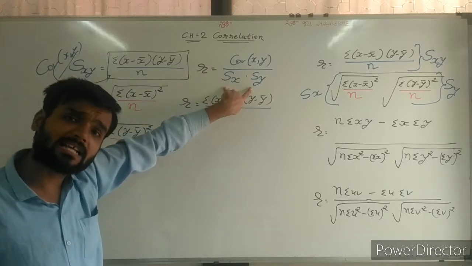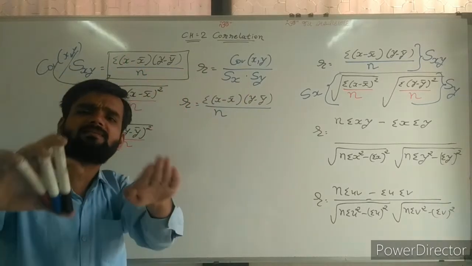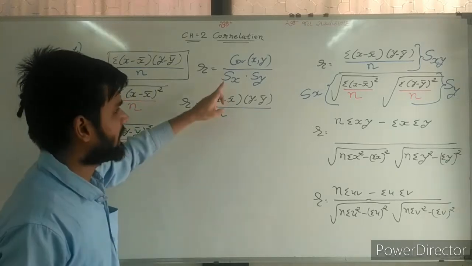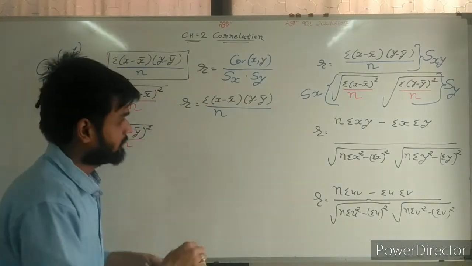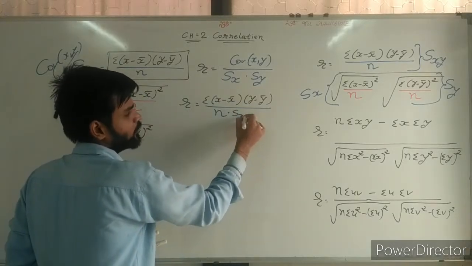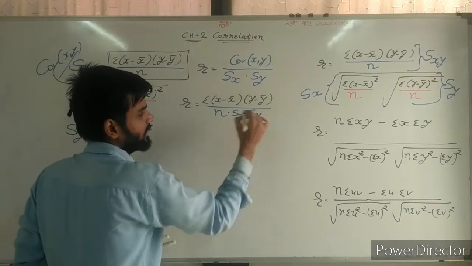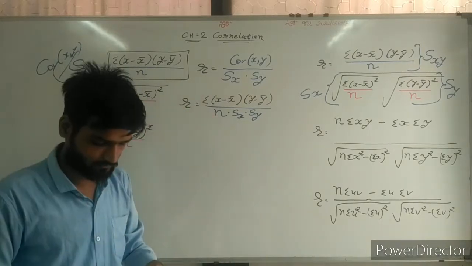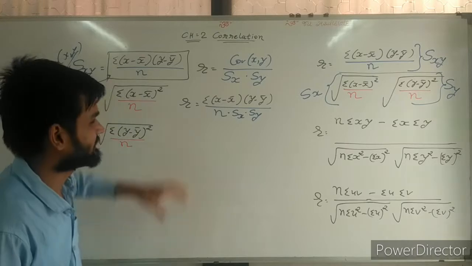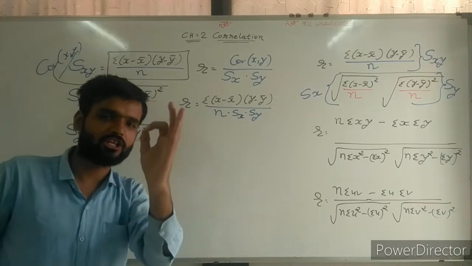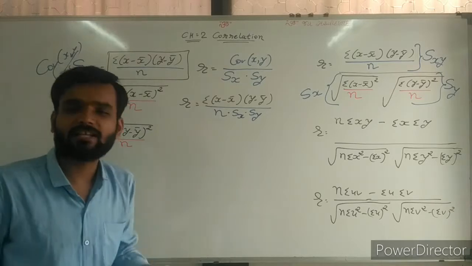So Sx and Sy remain the same as it is. There is no change in Sx and Sy. So into Sx, into Sy remain as it is in the denominator. Now this is my second formula of correlation coefficient. The simplest one.